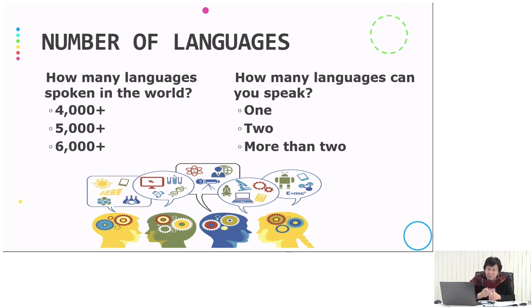So this is good for your health. Speak more than 2 languages. It helps to keep your brain brushed up and bright all the time. See, this is the point. According to medical research, they said this.